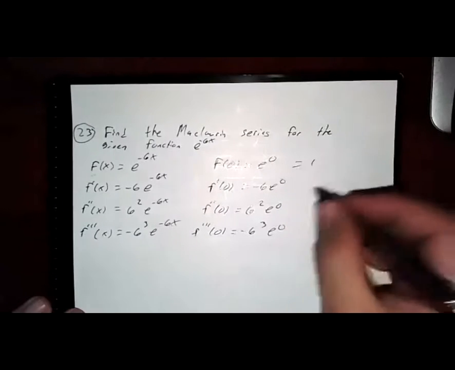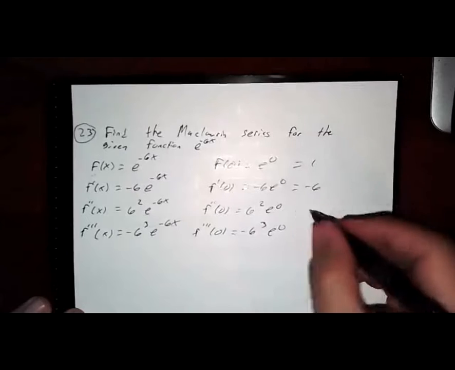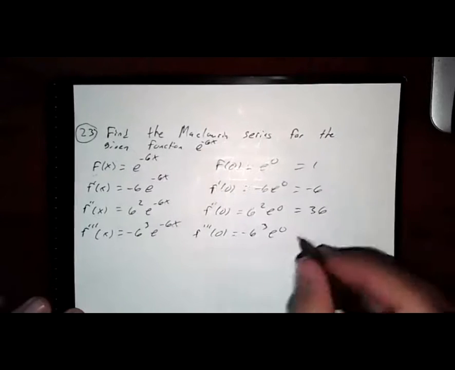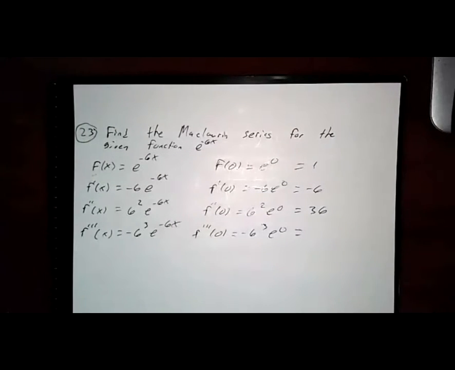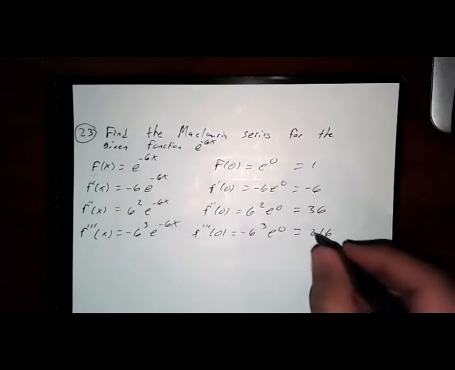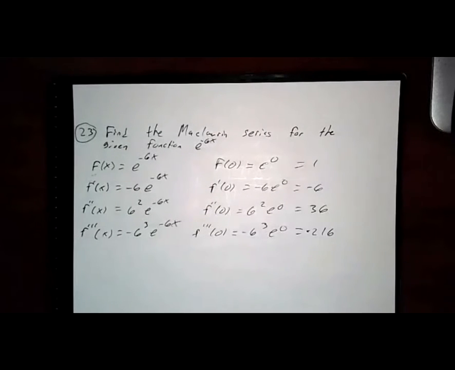So that'll be 1, negative 6, 36, and 6 cubed is 216, negative. Or just keep it in power form, I guess.